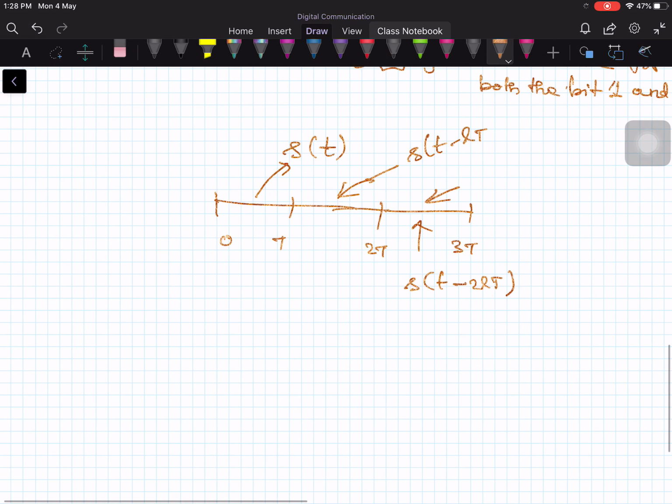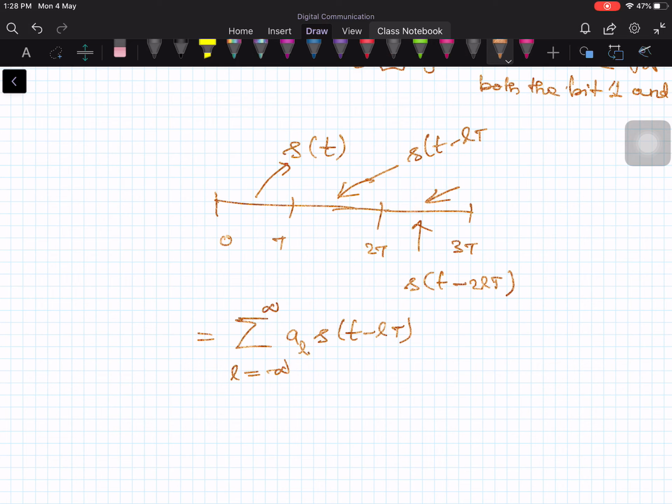So if you add all the pulses collectively, it is going to be summation over S of t minus LT, where L goes from minus infinity to plus infinity, and of course the magnitude is decided by the input bit stream. If it is 1, then you transmit a positive pulse, and if it is 0, then you transmit a negative pulse.